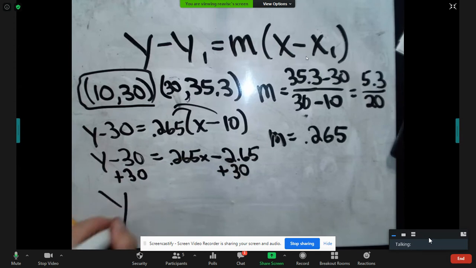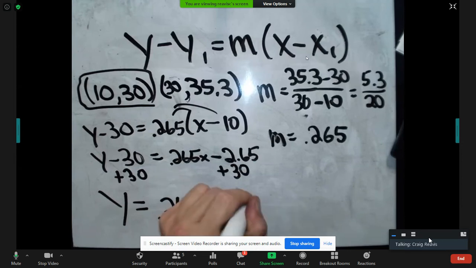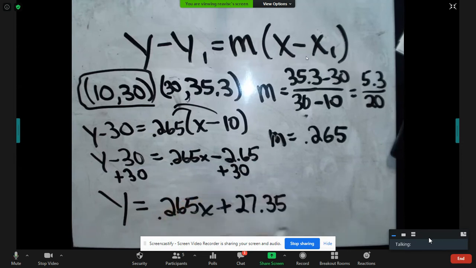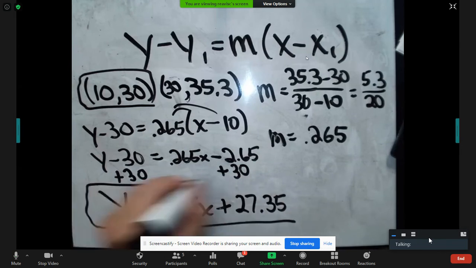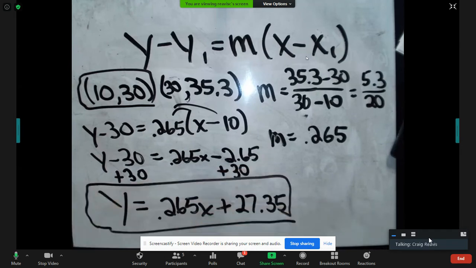So I end up with y equals 0.265x plus, what is negative 2.65 plus 30, is 27.35. So this is our equation for that line.